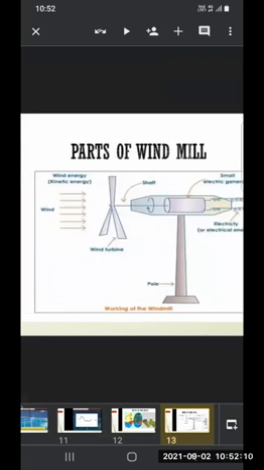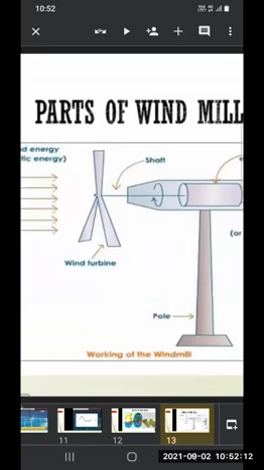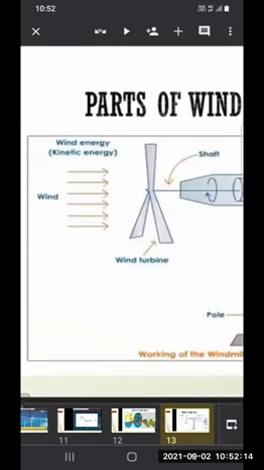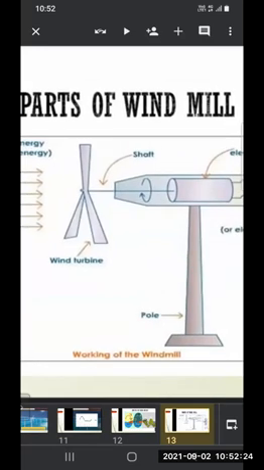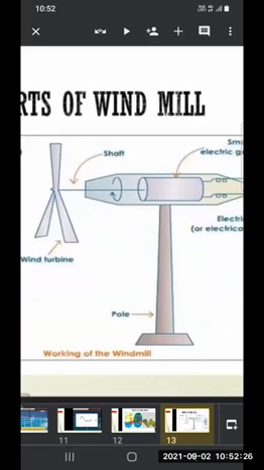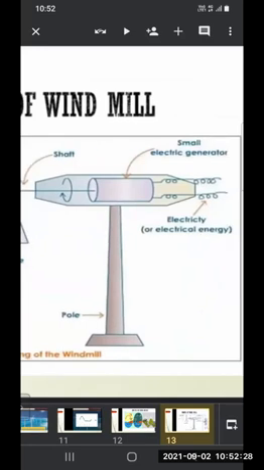These are the parts of a windmill. Wind kinetic energy is coming, and then these are the blades, the wind turbine. This is the shaft. This is a big pole, and a small electric generator, and then electrical energy is produced.